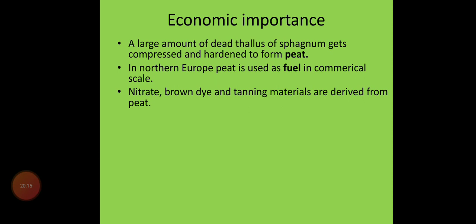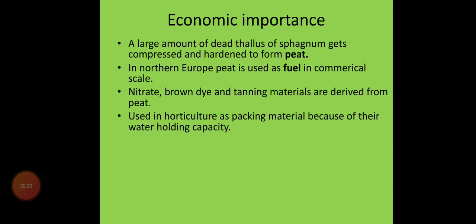This is a very important question: peat is used as a fuel. Peat not only gives fuel, but nitrate, brown dye, and tanning materials are also obtained from it. Some leather products are obtained from this peat. Peat is very useful to us.